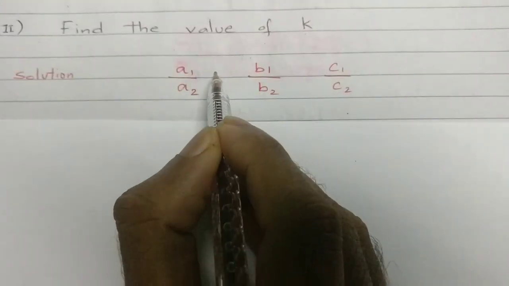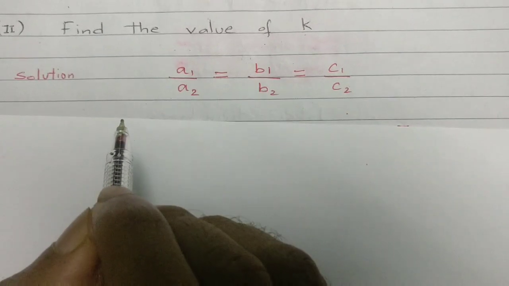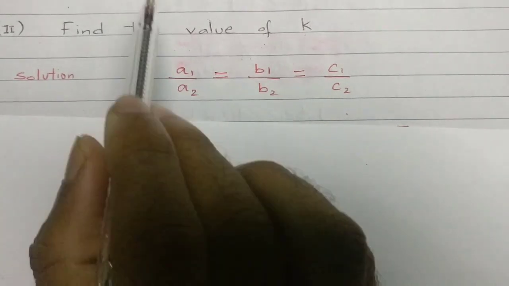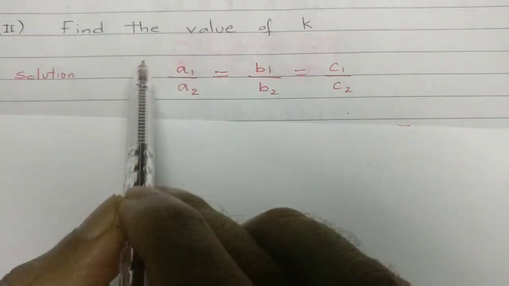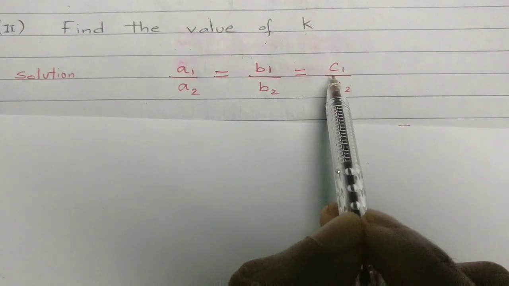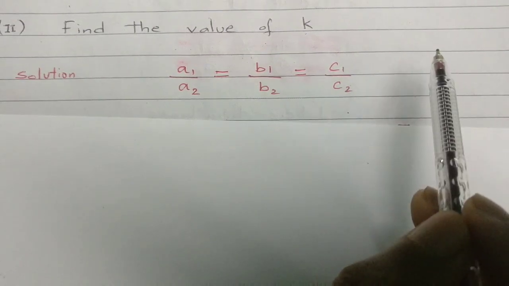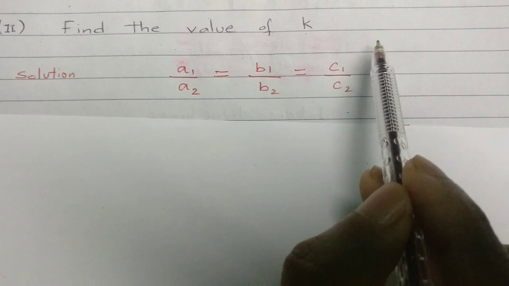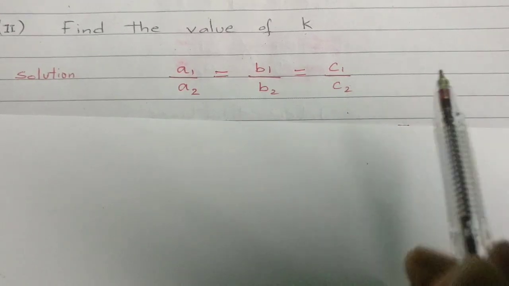So I will put an equal to sign here and an equal to sign over here. This is the first part of the question, but this condition what we have written is in respect to the general equation. I hope you remember the general equation. It was ax plus by plus c equals to 0.